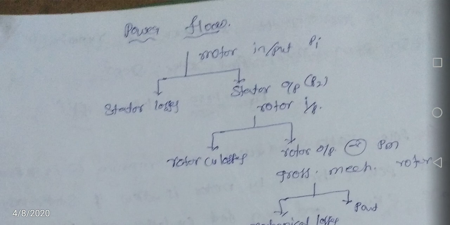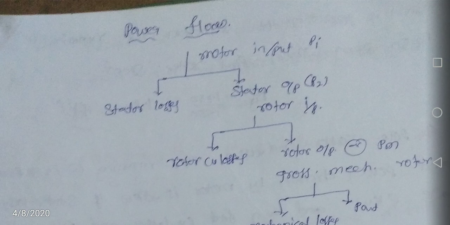Whenever the P1 power is given to the stator, some power is wasted in the stator in the form of stator losses. The stator losses are iron losses and copper losses.